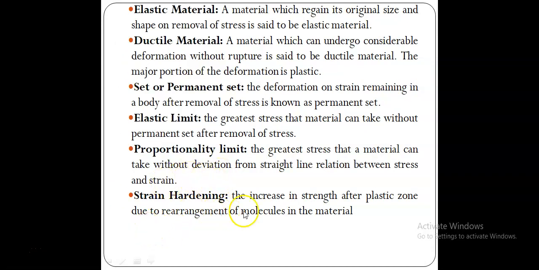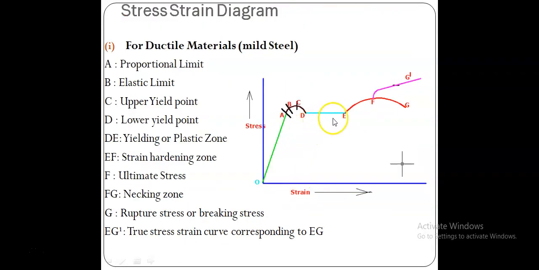Then strain hardening: the increase in strength after the plastic zone due to rearrangement of molecules in the material. So this zone, E to F, is the strain hardening zone. Before that is the yielding zone. The point D is said to be the yield stress of that steel.